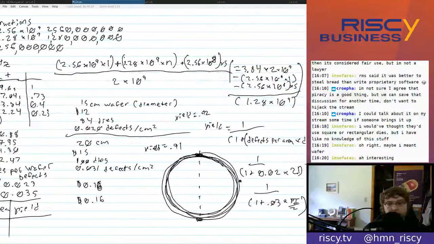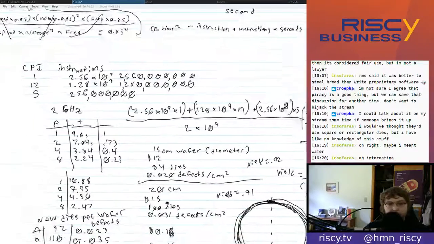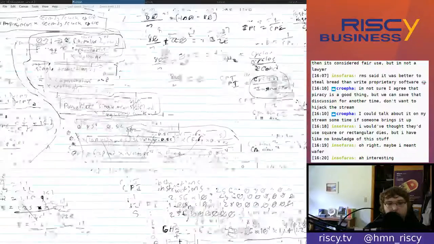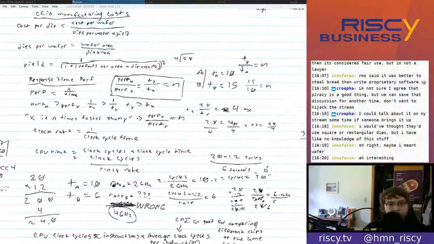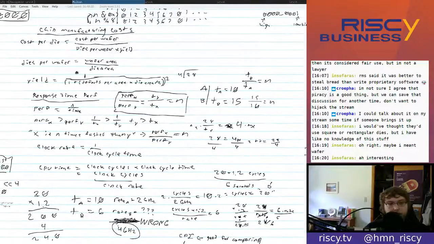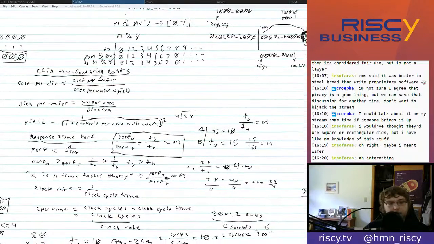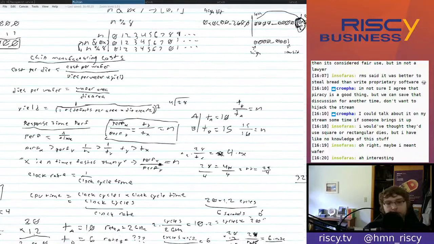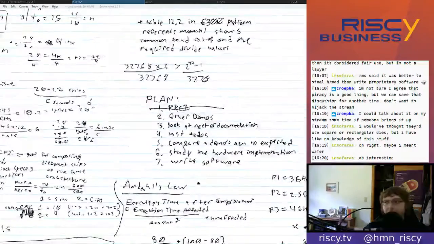And then we also calculated the cost. So where was the equation for that? Cost per die. That's just the intuitive cost per wafer divided by dies per wafer times yield. So that's going to give us the same answer because the yield did not significantly change.